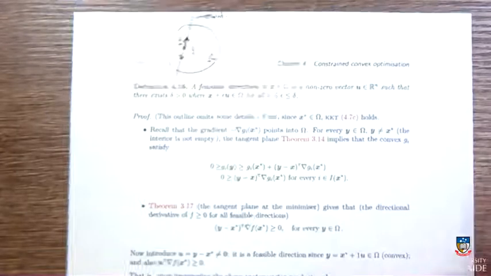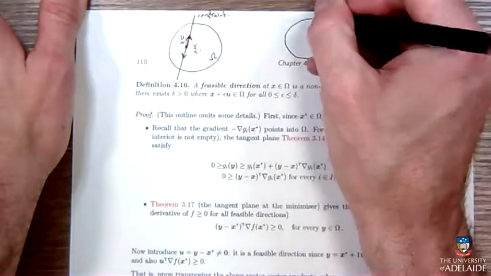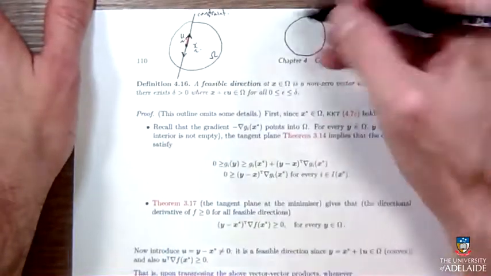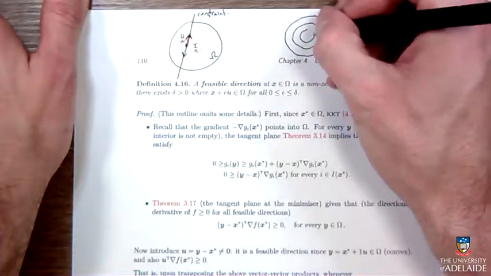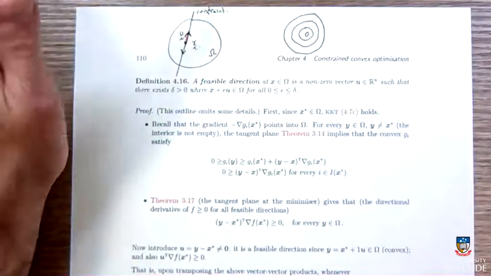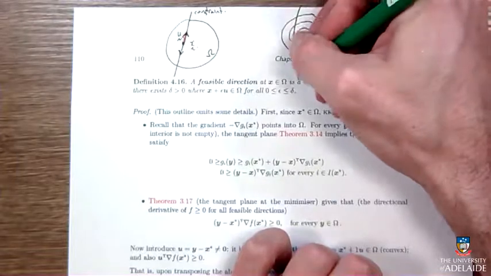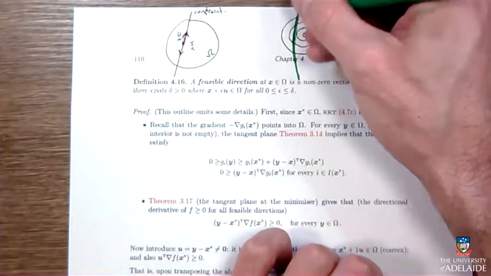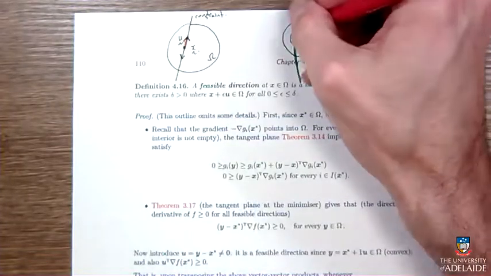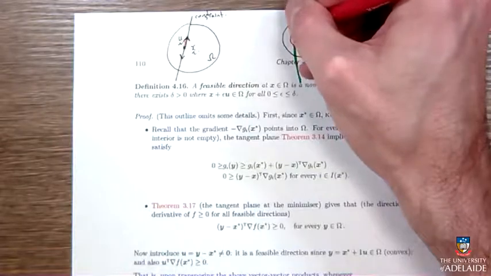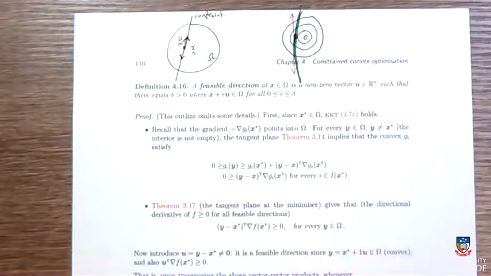Where this gets a little more complicated is that the constraint doesn't have to be a straight line. Let's imagine here's a cost function, and let me draw in a constraint that's curved now. If I take a point x here and move in the direction u, that would be a tangent to that constraint.